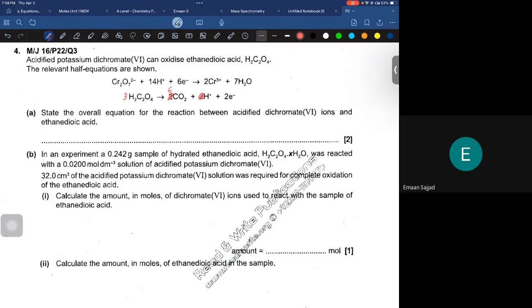Then I add them together, and the electrons cancel. So the rest of the things are Cr2O7 2- plus 3H2C2O4, then 14H+, and then we have 6CO2, then 2Cr3+, then 7H2O, and then 6H+.